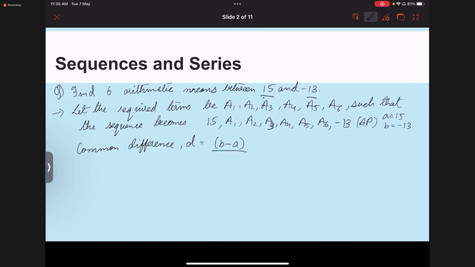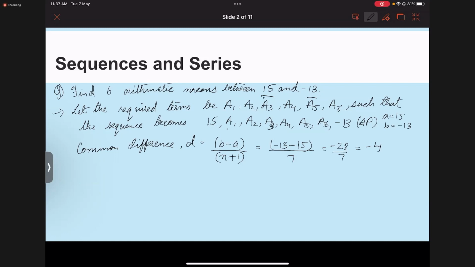That then becomes minus 13 minus 15 over n plus 1, where n is the number of arithmetic means we are considering. So n is 6, and 6 plus 1 is 7. So this is minus 28 by 7, and this is minus 4. So we now know our common difference.